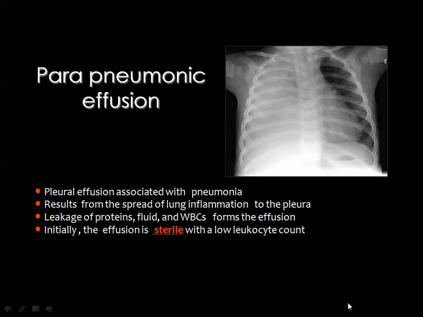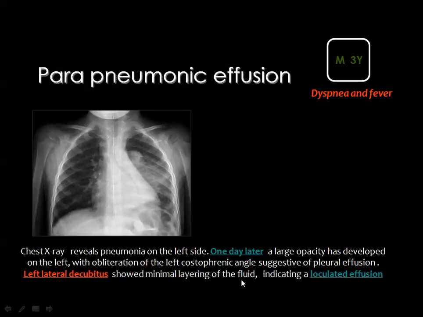And pleural effusion is usually associated with pneumonia due to the spread of lung inflammation to the pleura. At first, the effusion is usually sterile with low leukocytic count, and after that, it will be inflamed, and you will see evidence of inflammation in the effusion.